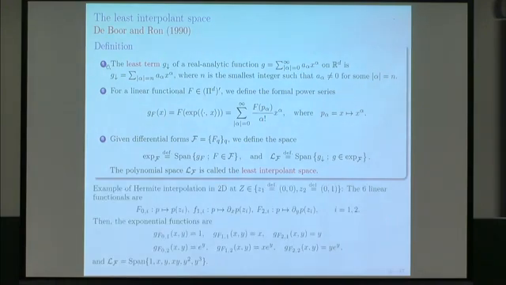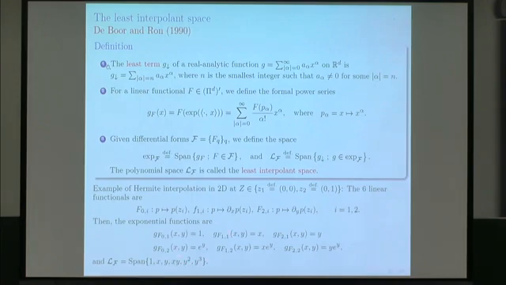Just to give you an example of what this looks like, if you think about Hermite interpolation up to the first derivative at the points (0,0) and (0,1), then you have 6 linear functionals. The exponential functionals are simply these here. Essentially, this least interpolant space is spanned by 1, x, y, y squared, and y cubed.